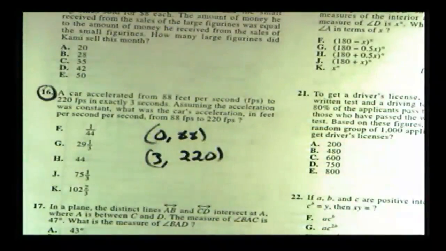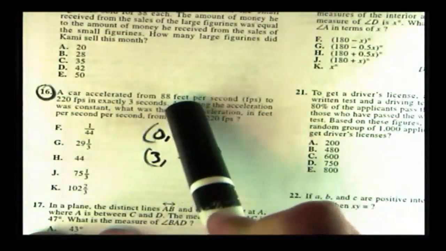So you may read this problem and be like, oh my goodness, I didn't know I was going to have to do all the physics. But really it's just recognizing that you're looking for rise over run. It's not a particularly difficult problem, but recognize that at time 0 you're going 88 feet per second, and exactly 3 seconds later, you're going 220 feet per second.